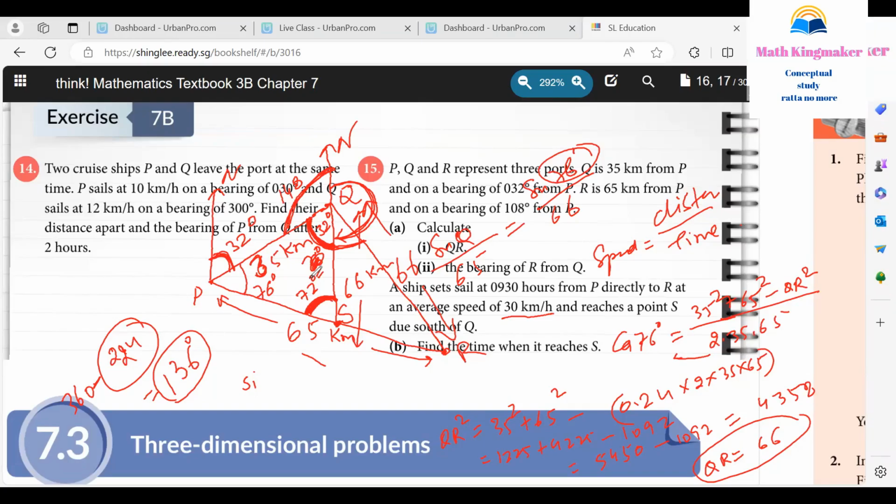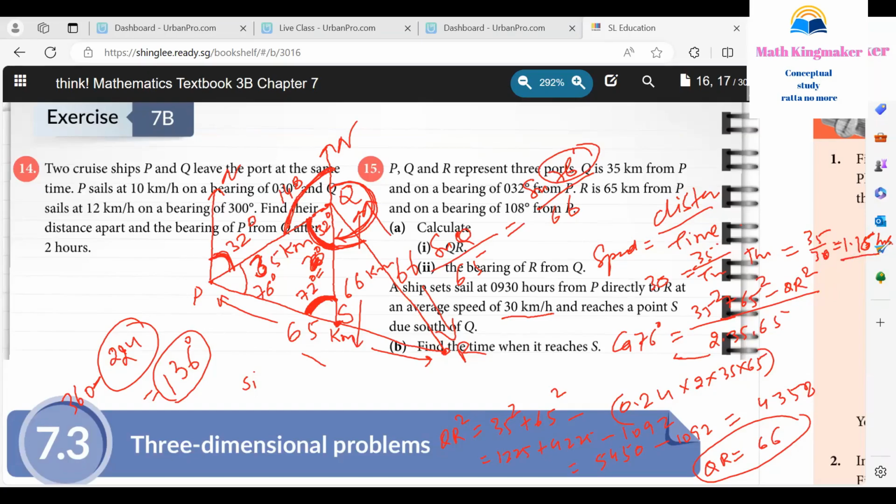So your distance is 35, speed is 30. 35 is the distance, so time would be 35 over 30. So 1 point something. 1.16 hours.